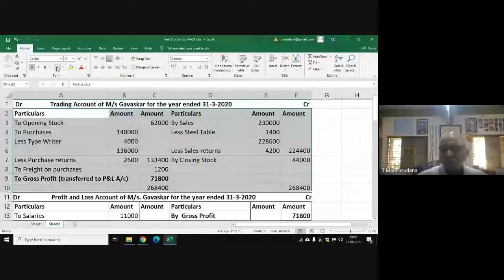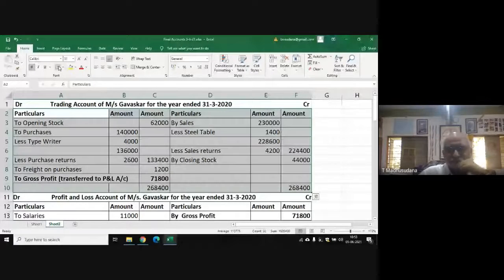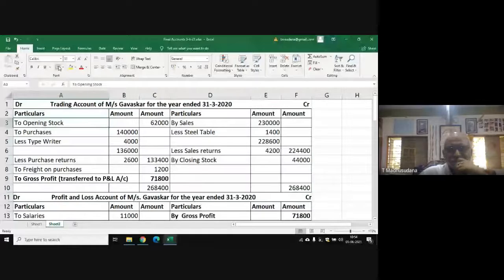In this way, for the total final accounts problem, the items given in the trial balance will appear in only one place, either in the trading account, the profit and loss account, or the balance sheet.